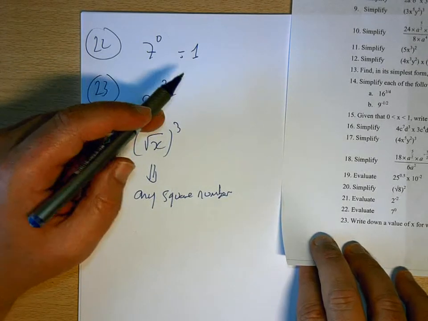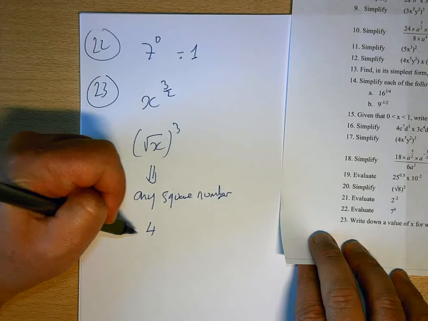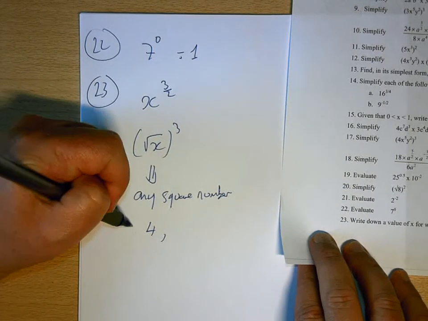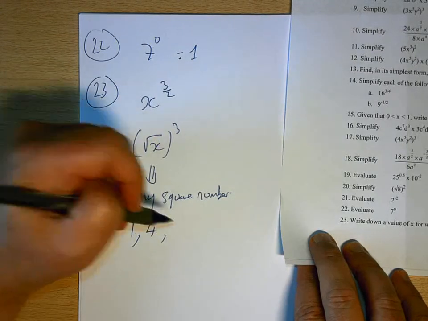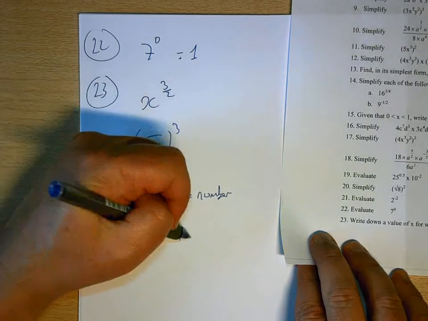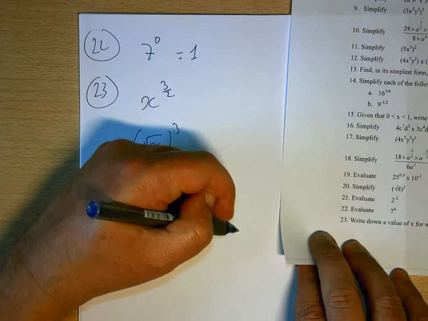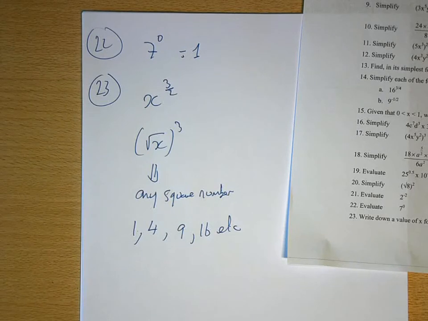It's a square number. Okay, so any answer like 4 or 1, square root of 1 is 1. 1 cubed, 1. 9 would work because the square root of 9 is 3, etc. So any value that you pick from the list of square numbers will give you the correct answer there. Okay, so those are the laws of indices.